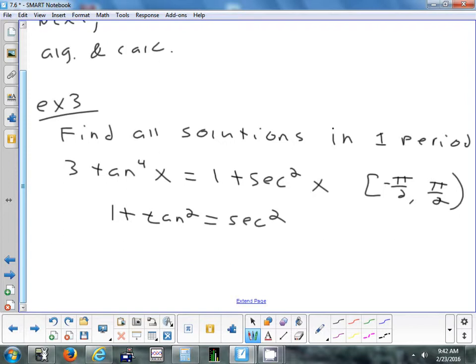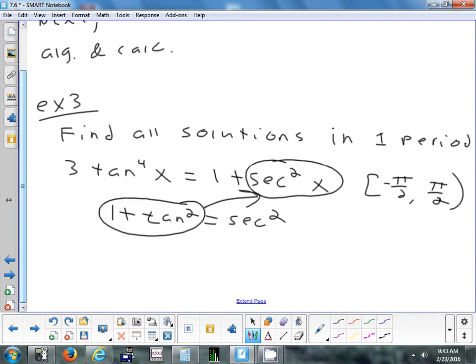Do I have a formula for tangent to the fourth though? No, but I do have a formula that has one of these terms in it: secant squared. Secant squared is 1 plus tangent squared. So plug that in, and we'll see what happens.